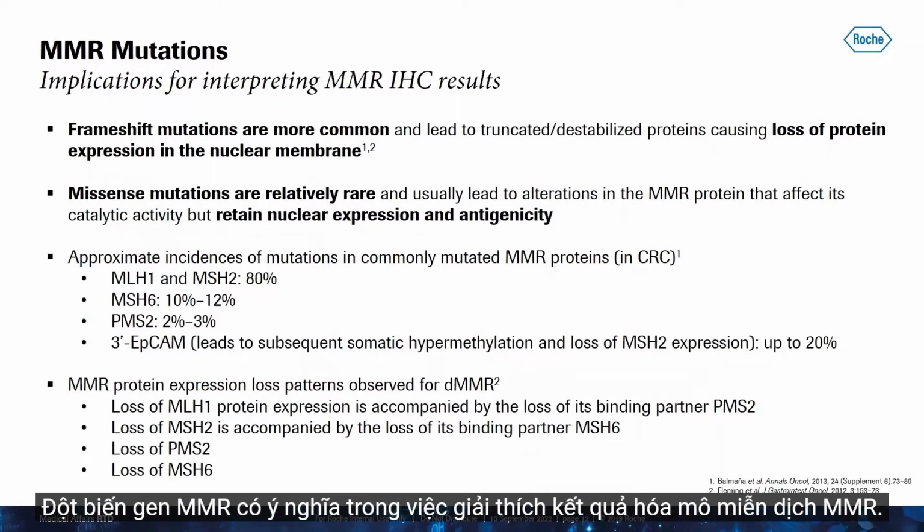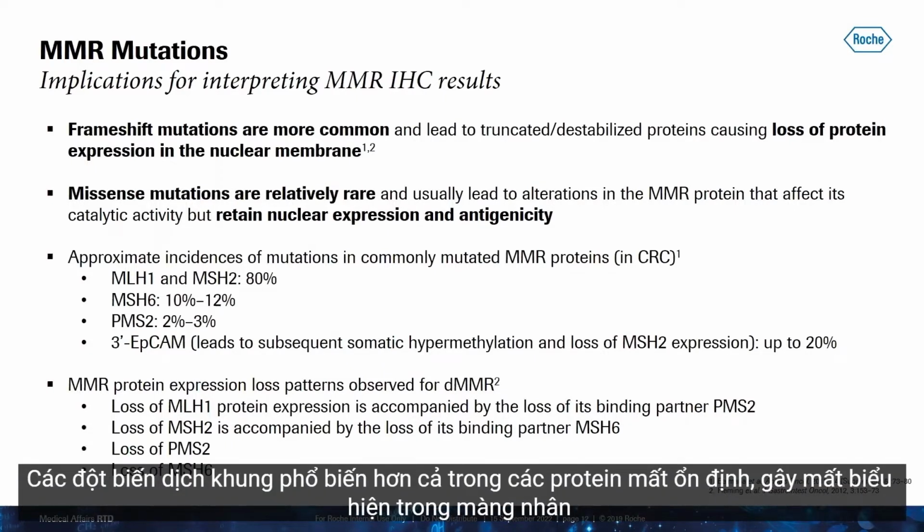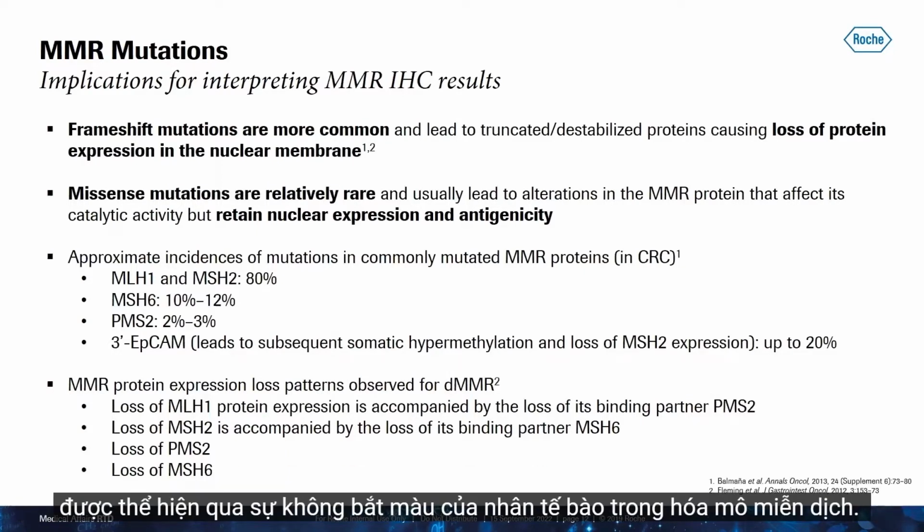Now, MMR mutations have implications in the interpretation of MMR immunohistochemistry results. Frameshift mutations are more common, and the destabilized protein is lost in the nuclear membrane, which is demonstrated as a loss of nuclear staining on tissues in immunohistochemistry.